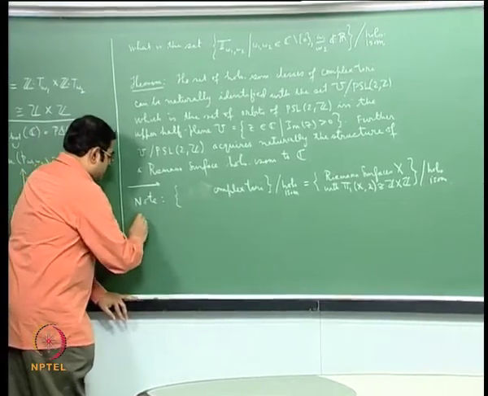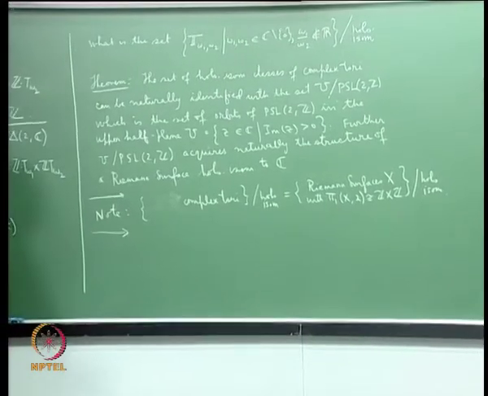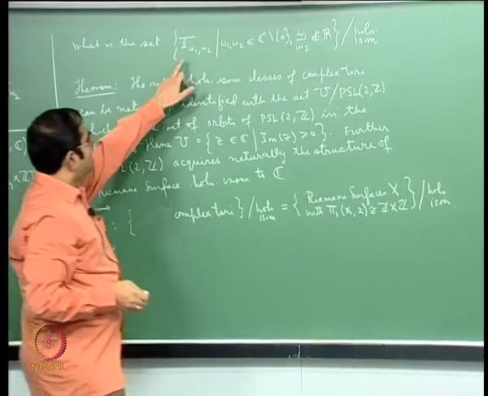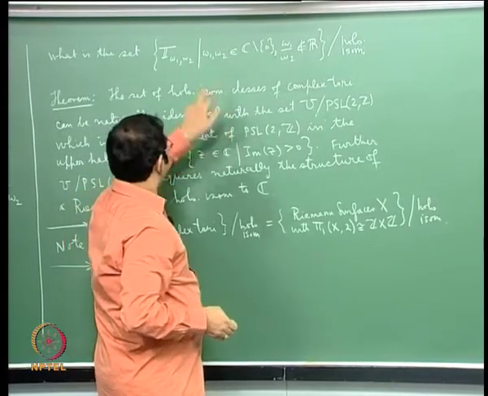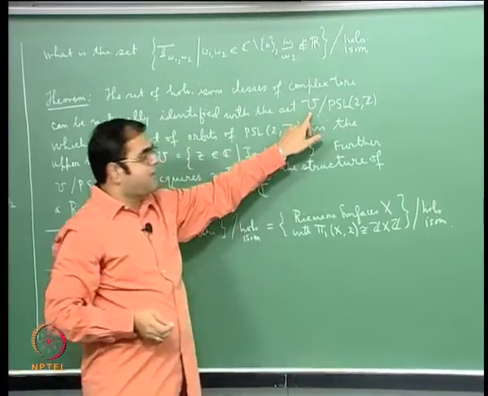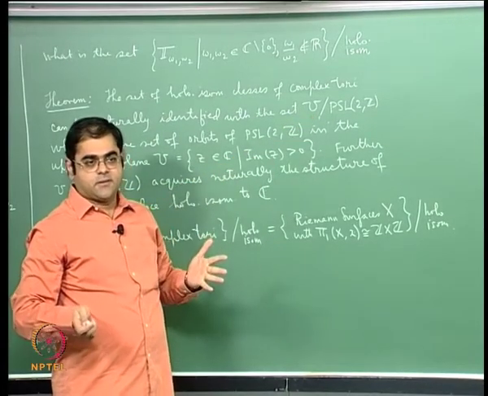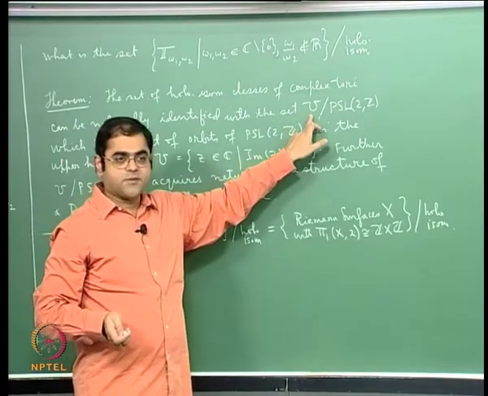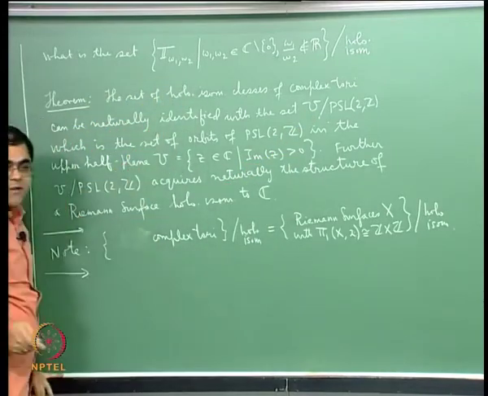Now, the first thing is where did the upper half plane come into the picture? You can ask this question, where does the upper half plane come into the picture? It comes because, given any torus like that, you can normalize it.